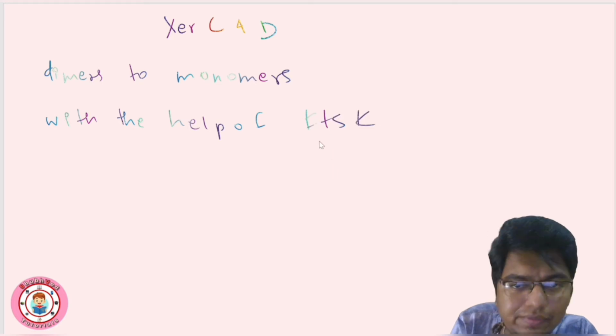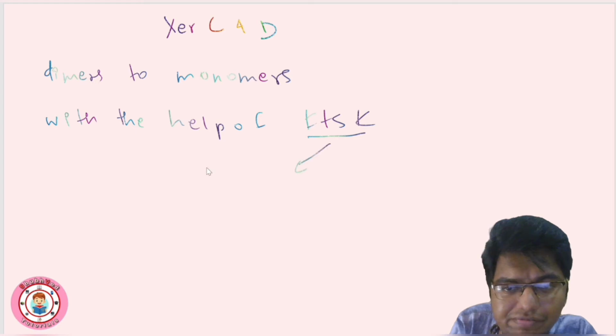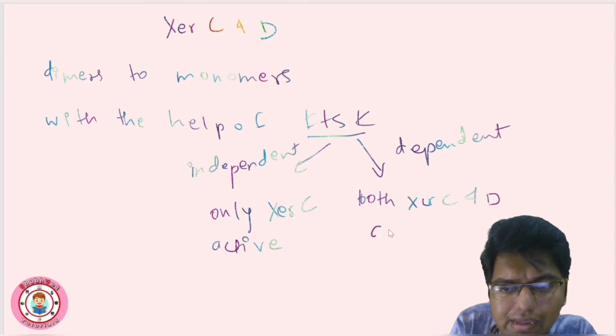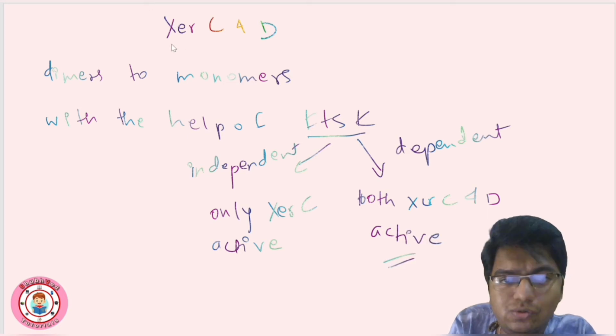In the FtsK-independent pathway, only XerC is active, and in the FtsK-dependent one, both XerC and XerD are active. That's all we have to know about XerC and D.